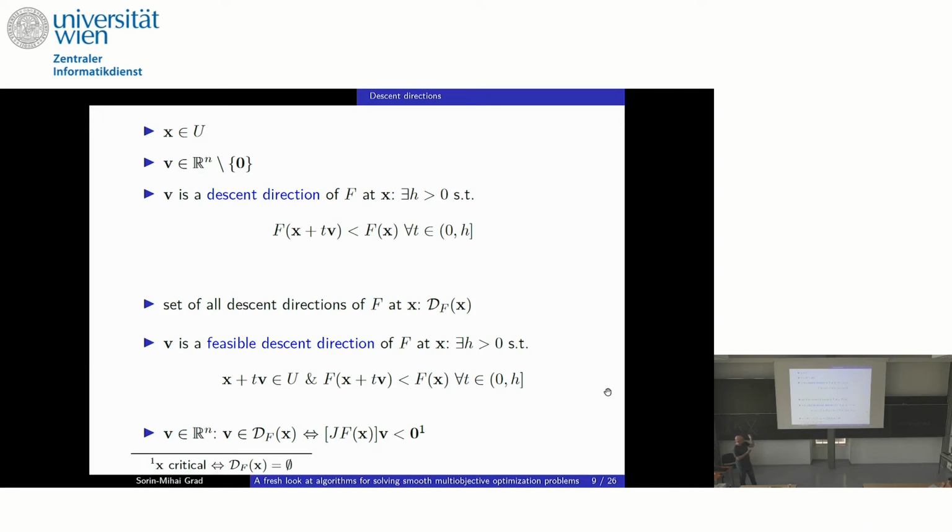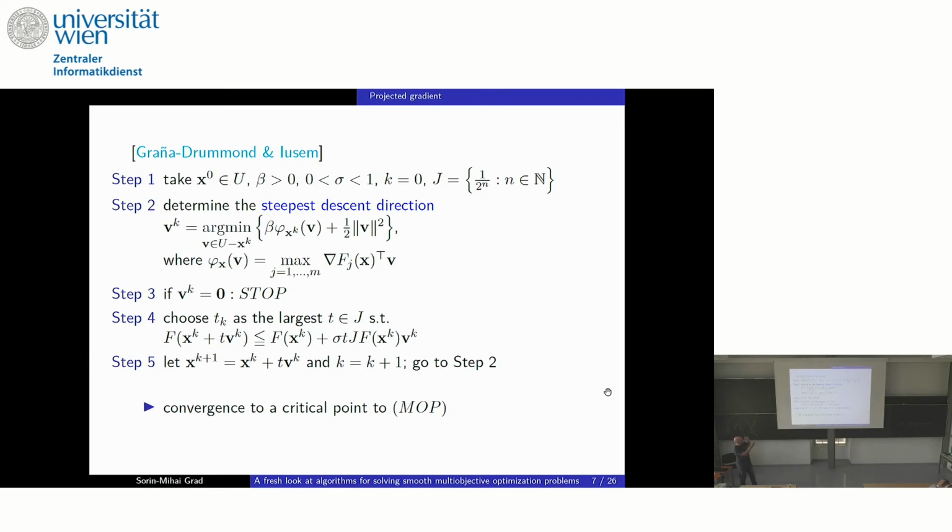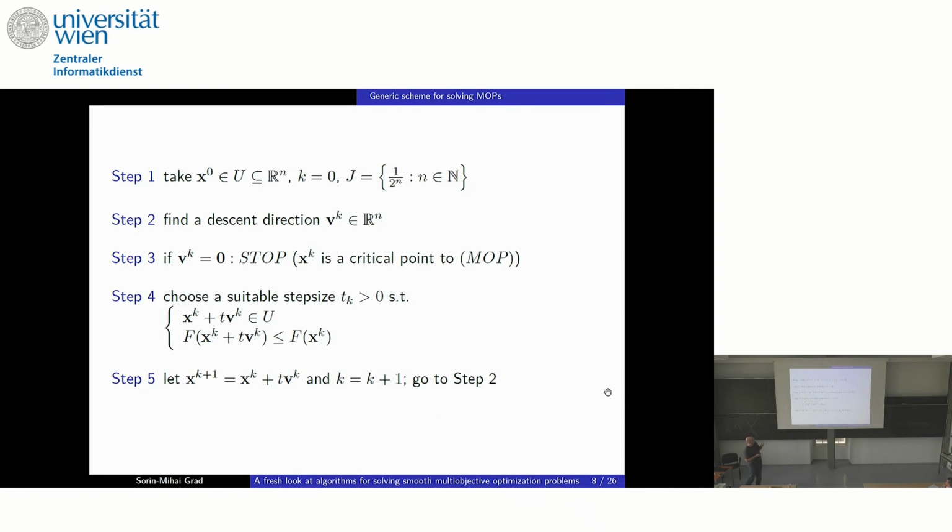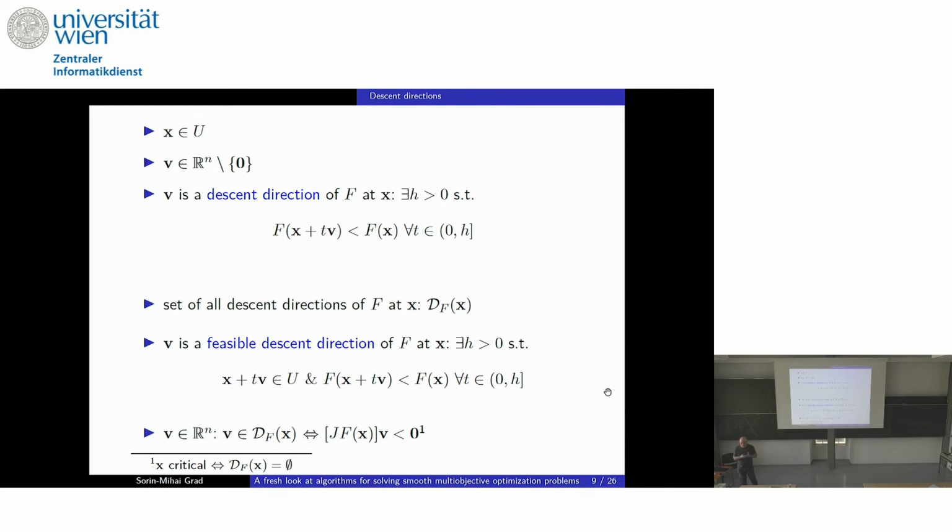In the previous works, as I said, from Mauricio, Alfredo, and the others, they actually used the steepest descent direction, which was generated by such a construction. But again, this was complicated. So we thought, okay, let's try to find maybe not the steepest descent direction, so not the best way to go towards the solution, but a descent direction which can be computed more easily.